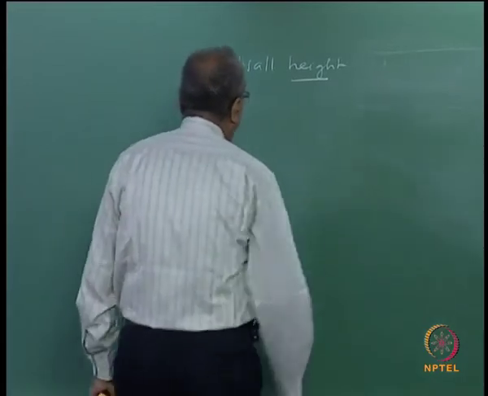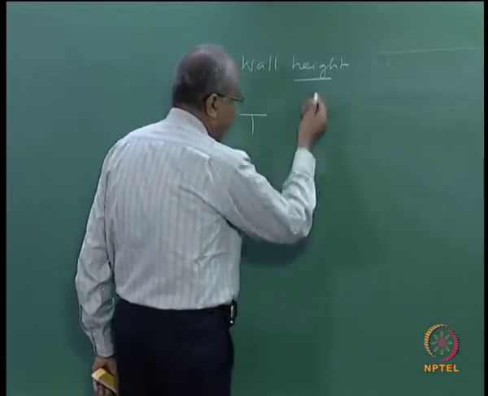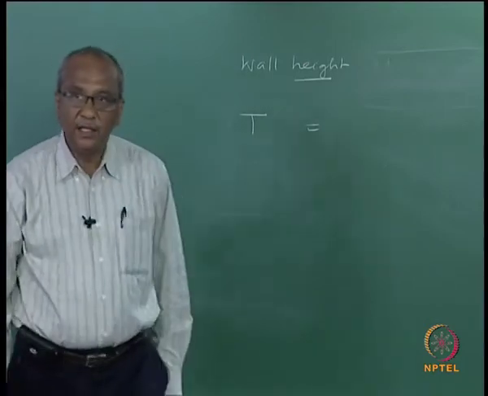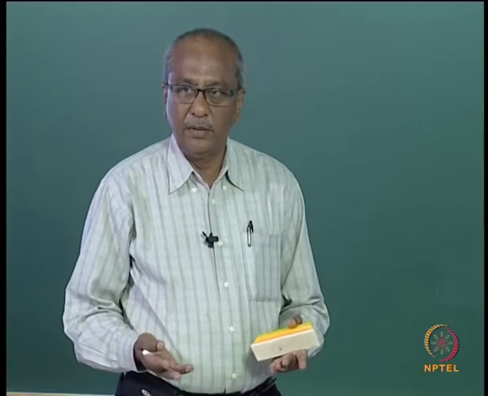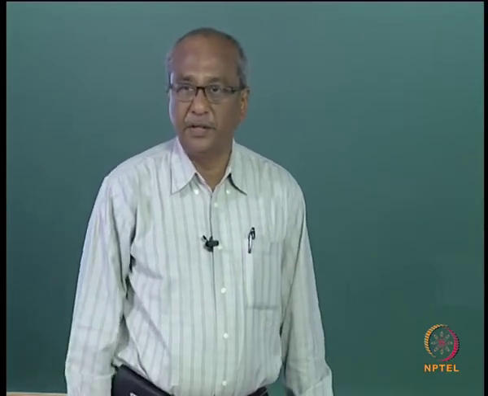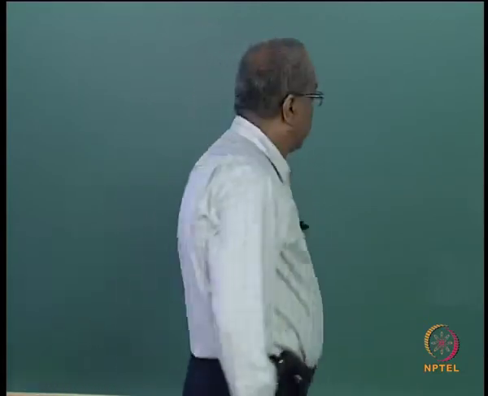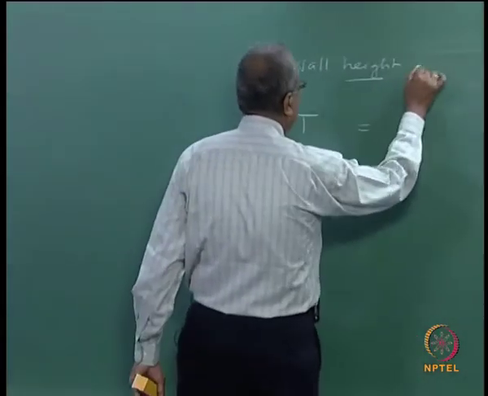So I want you to give some of the data based on the lecture you have undergone now. What are all the data you need and what are all the different conditions you can think of? I do not want to tell anything now, so you come up and give some values for wave height.